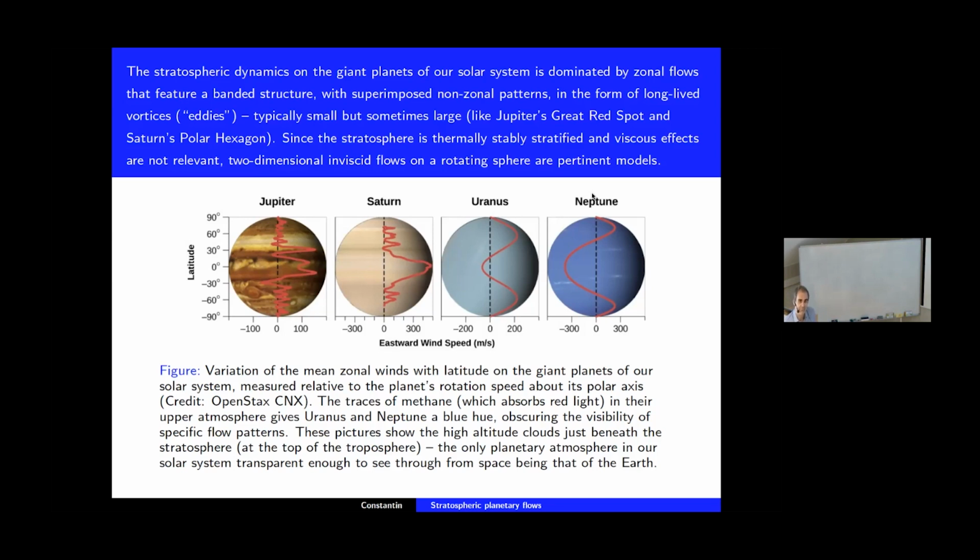And about the rotational stability, the way that I understand it for geophysical 3D flows is that the rotation forces you somehow to be 2D, and that's the reason why it's more stable. But here we are already 2D, because we are in the stratosphere, so that will not be a bonus here.